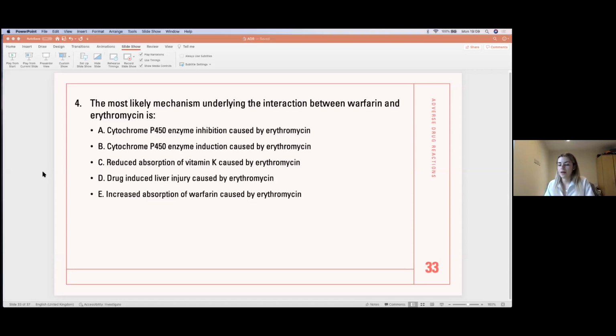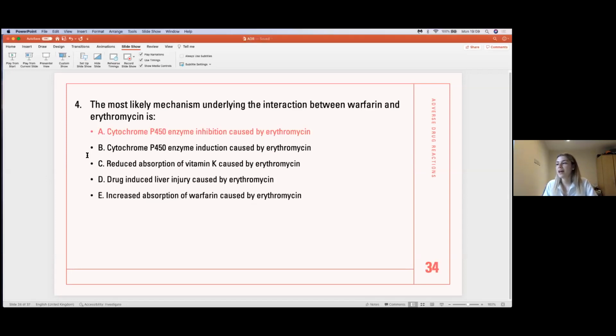Yeah. So moving on to the answers. Yeah, you're right, A. So erythromycin is obviously an enzyme inhibitor of CYP450, so other drugs which are metabolized by this enzyme are affected. Warfarin in this case is metabolized by that enzyme. It won't be metabolized as fast as usual, so the levels will build up.